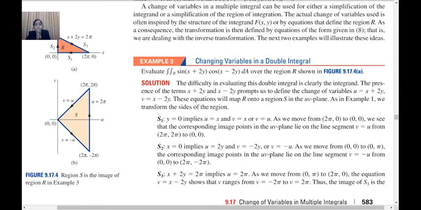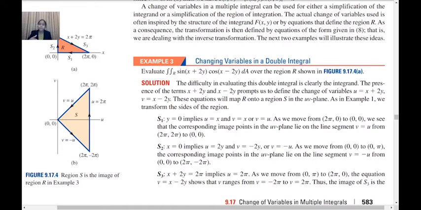Now let's see what S3 corresponds to. Corresponding to S3, we have x plus 2y is equal to 2 pi. That is nothing but u is equal to 2 pi, right? Now we have to see the variation of v, right? v is x minus 2y and it is moving from 0, pi to 2 pi, 0. So when x is 0 and y is pi, v is 0 minus 2 pi, that is minus 2 pi. And when x is 2 pi and y is 0, we have v is 2 pi.